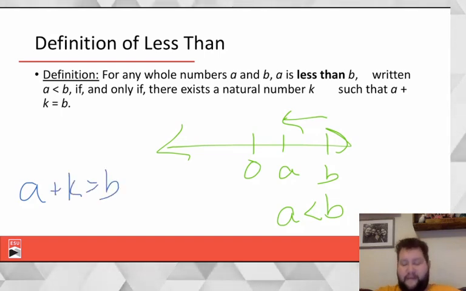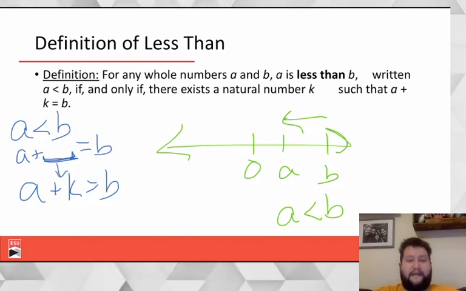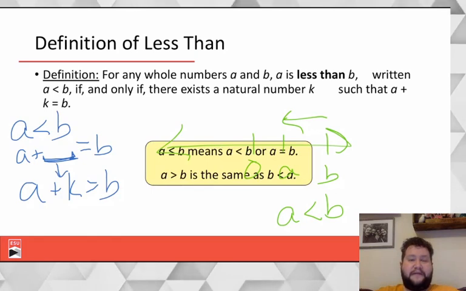And think of it this way. If a is less than b, then a plus some amount, it's going to be a whole number, will give us b. And we're just going to call that amount k. So I just gave the definition of less than, but that's a or less than or equal to.